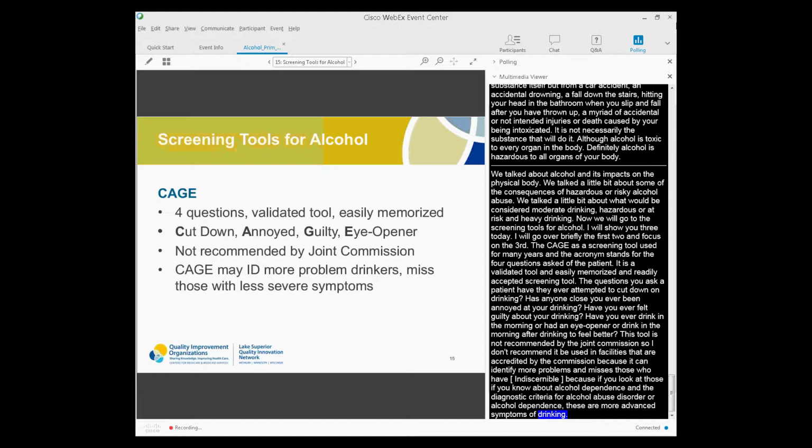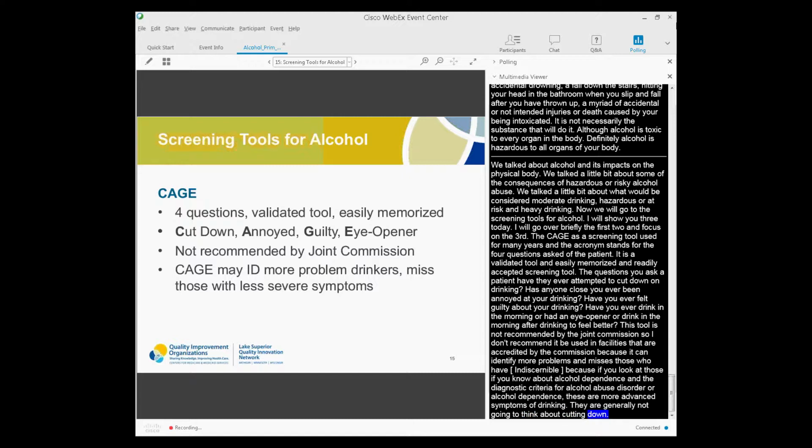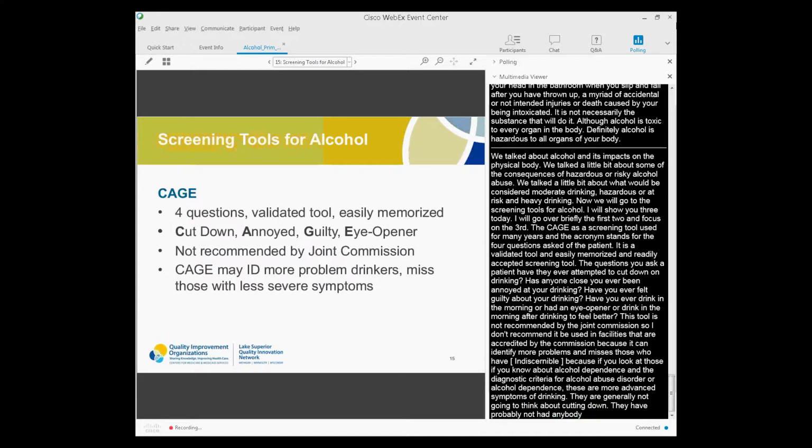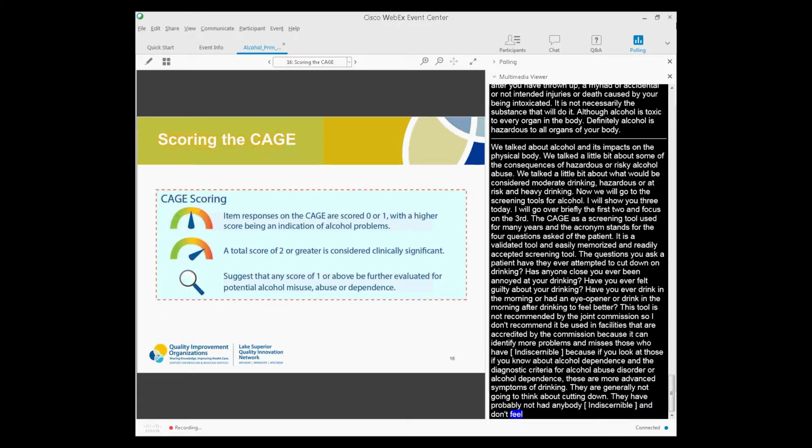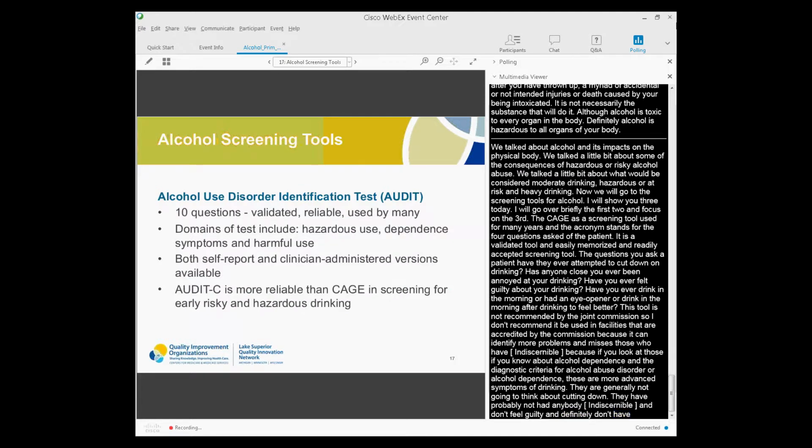They're generally not going to think about cutting down. They've probably not had anybody express annoyance at their drinking. They generally don't feel guilty, and they definitely don't have an eye opener. So the CAGE tends to identify more problem drinkers. And the CAGE scoring is here, so I will go through that.